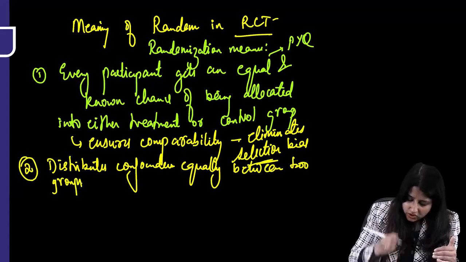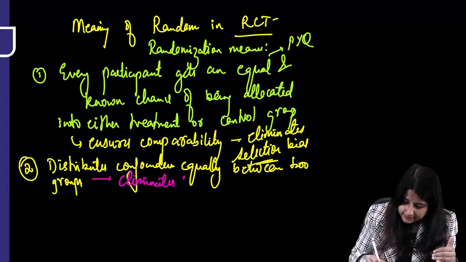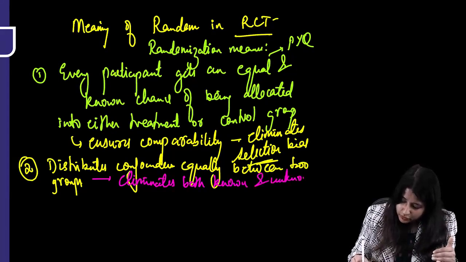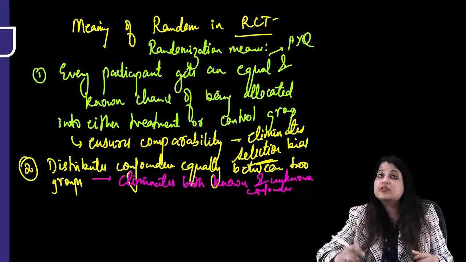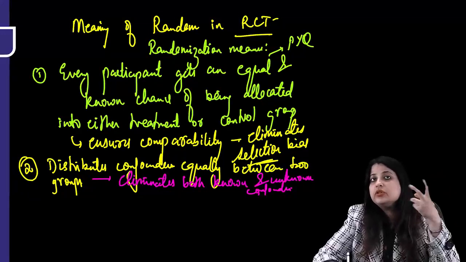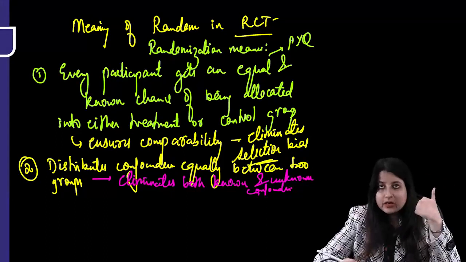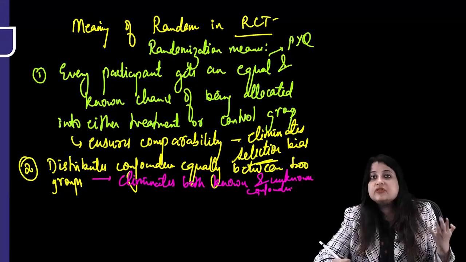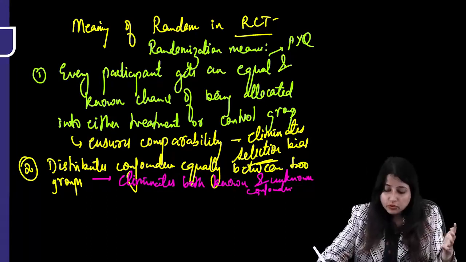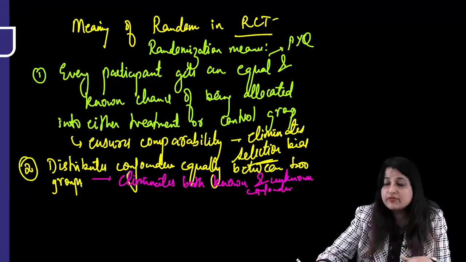So it also eliminates both known and unknown confounders. This is very important. Randomization is eliminating two things: selection bias as well as confounders, both known as well as unknown. If you have to select one as the answer, which will be your priority? Selection bias, by ensuring comparability, and confounders, both known as well as unknown. This is very, very important. That's the advantage of randomization.